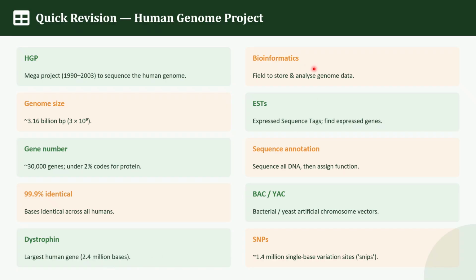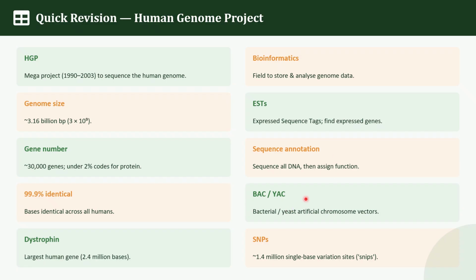And bioinformatics is the study used for the storage, retrieval, and analysis of genome data. And ESTs are expressed sequence tags. They are used to identify the genes that are expressed as RNA. Next is sequence annotation, the process of assigning functions to different regions of the genome after the sequencing.